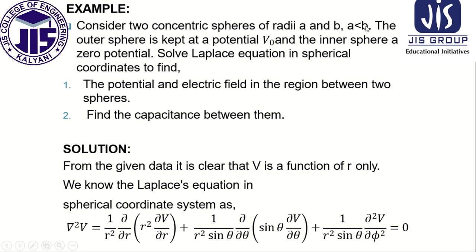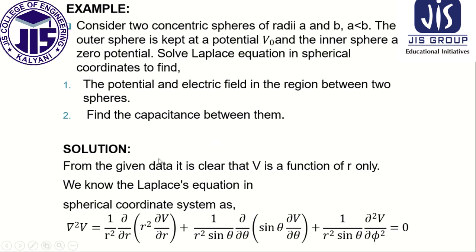The outer sphere is kept at a potential V0 and the inner sphere at zero potential. We have to solve the Laplace equation in spherical coordinates, and by solving it, find the potential and electric field in the region between the two spheres, and also find the capacitance between them.